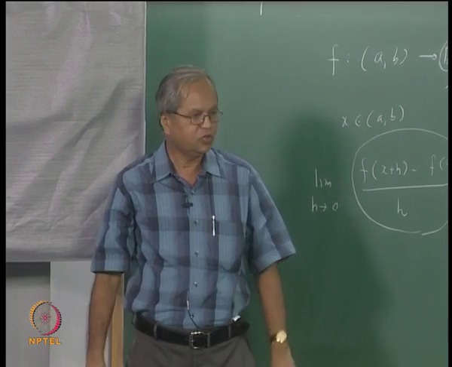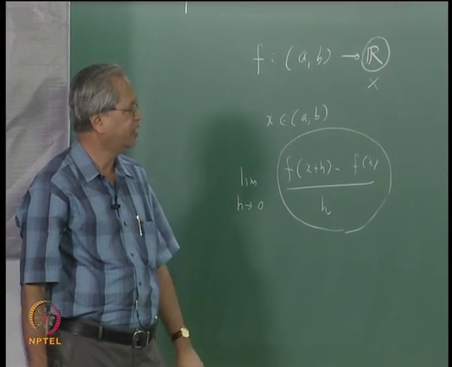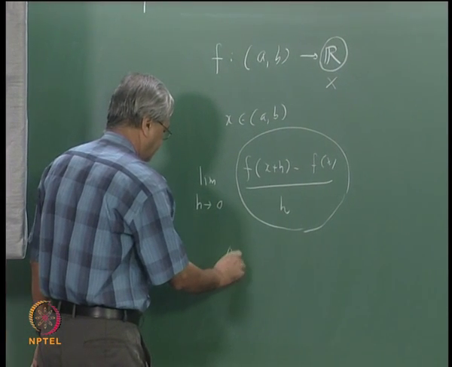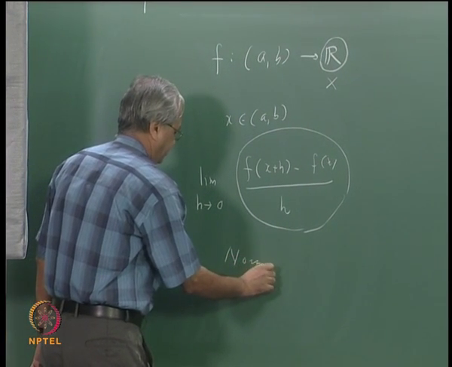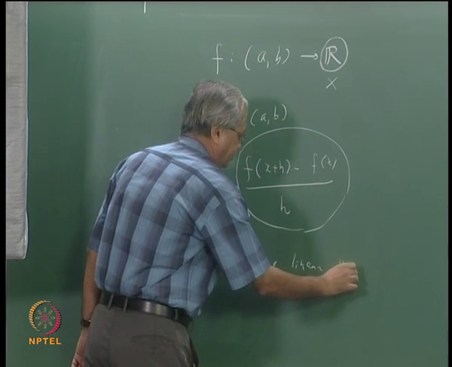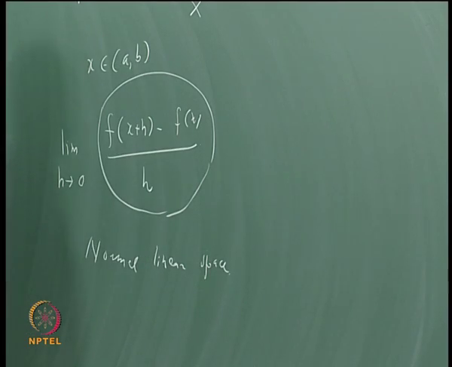The most natural way to define these things is what is called a normed linear space. So what is a normed linear space? It is a real vector space, and on that a function called norm is defined.